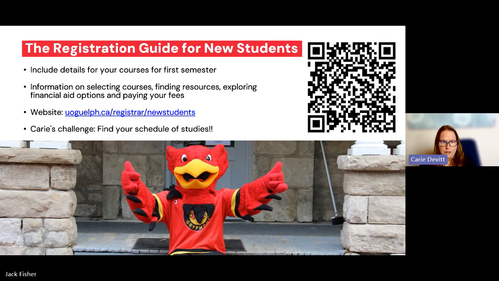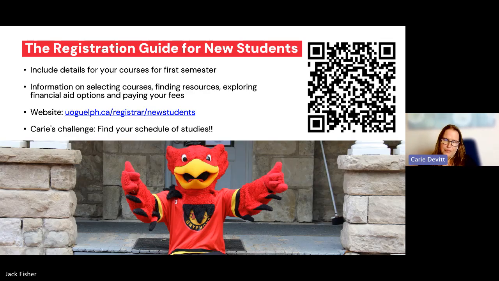So when you're in the registration guide, there are 3 bars on the right-hand side, sort of near the top of the screen. Program information. If you click that bar, it will actually list all of the degree programs at the University of Guelph. And so you would look for Bachelor of Indigenous Environmental Science and Practice. That's you.